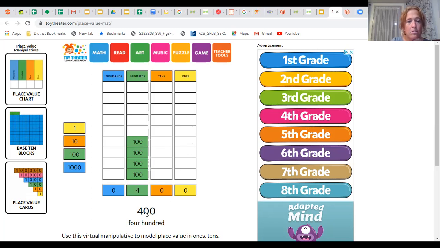These are zeros. We have to put those zeros there to mark those spots, okay? Because even though there's nothing there, we still know that we have to have a tens place, we have to have a ones place. So that's why the zeros are there.